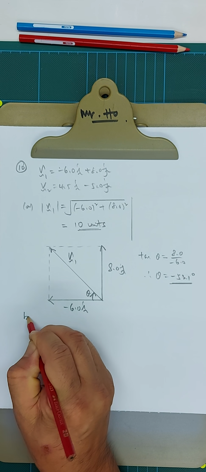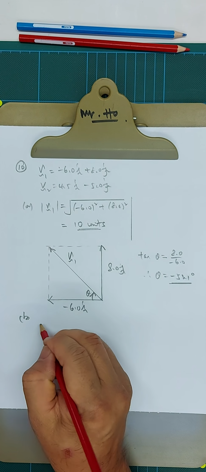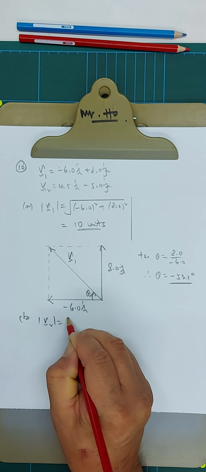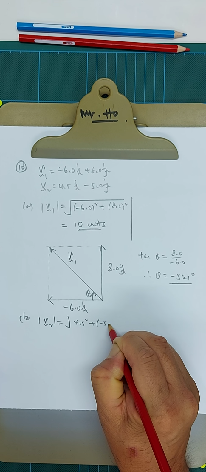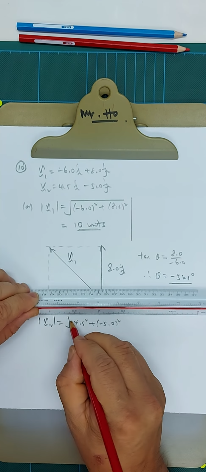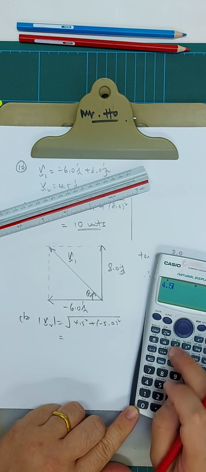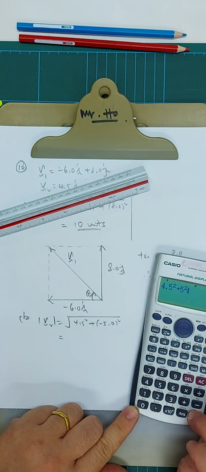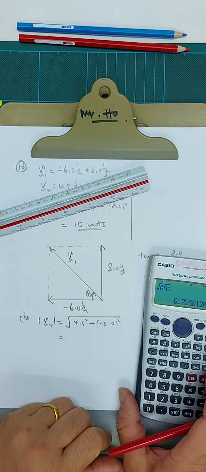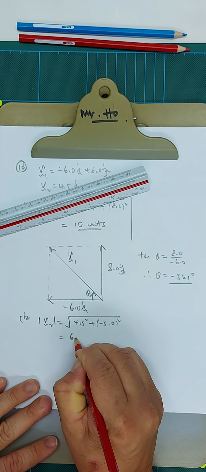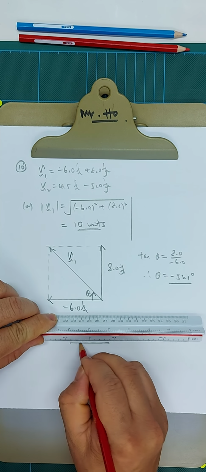Next one, B. Our B is V2. So the magnitude of our V2 is the same, square root of 4.5 squared plus negative 5.0 squared. And this is what we get, 4.5 squared plus 5 squared, and then square root everything, we get 6.7 units.